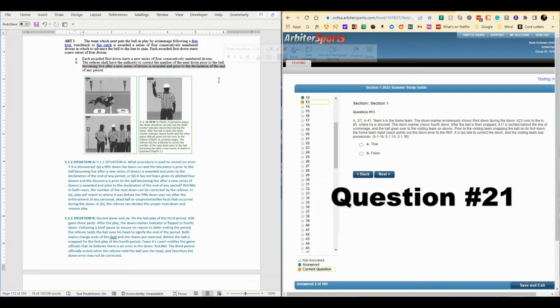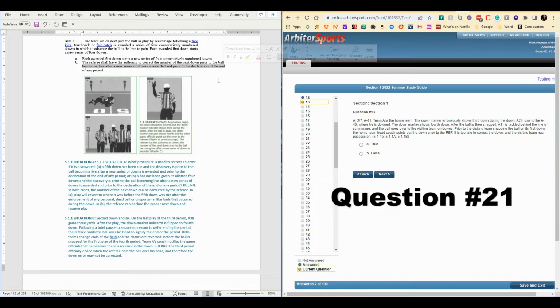And what we do, again, I'm talking to the new guys, before the sticks move, before the down marker moves, we write down the down, the distance, and what yard line it was on, and even what hash mark it was on, if you really want to get good at it.